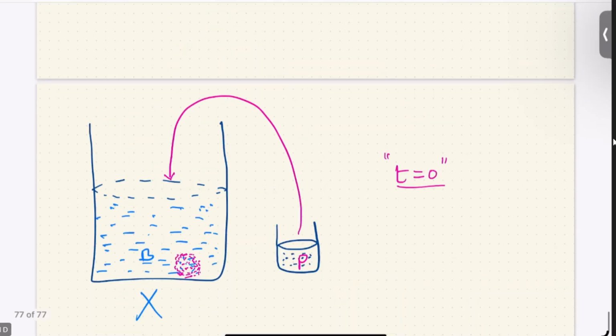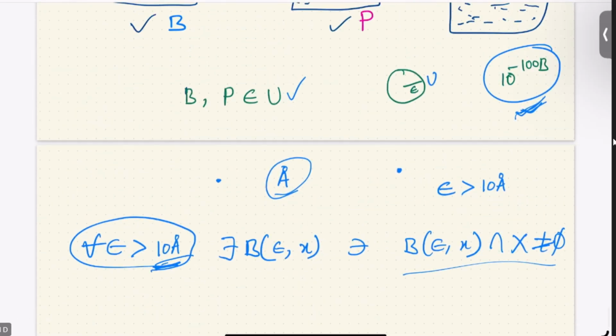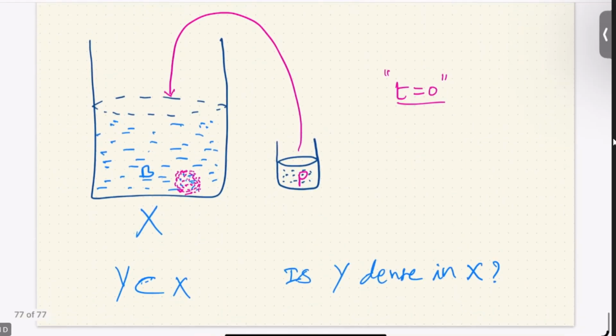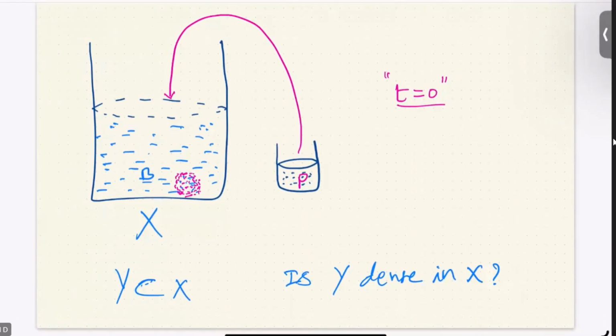Forget about the other distractions, let us assume in the normal way: is Y dense in X in this scenario?